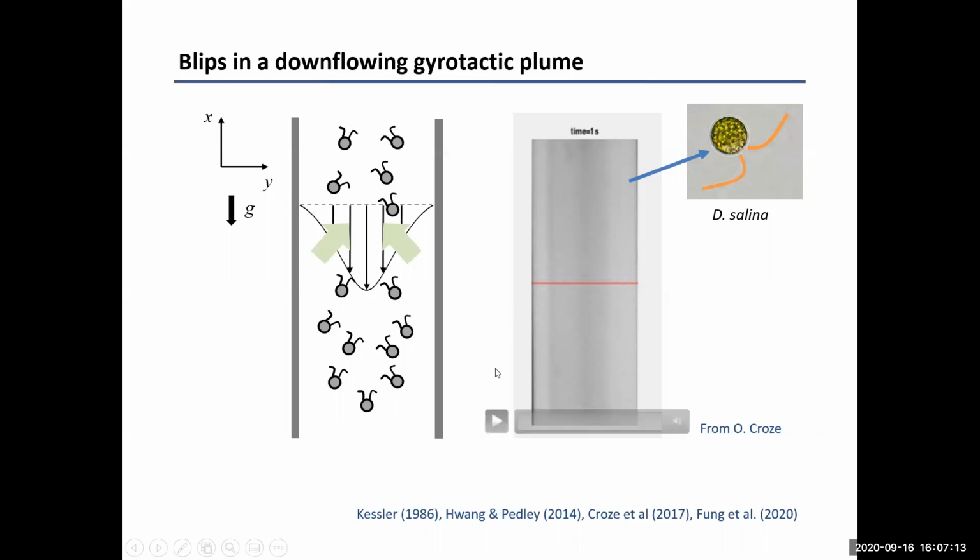So in such a situation, what you see from this video is that the swimmers go towards the center line here, and then they form a nice plume, which often becomes unstable to this instability, which is another relatively well-known phenomenon in this type of suspension, and that has also been analyzed by myself and some other people here.